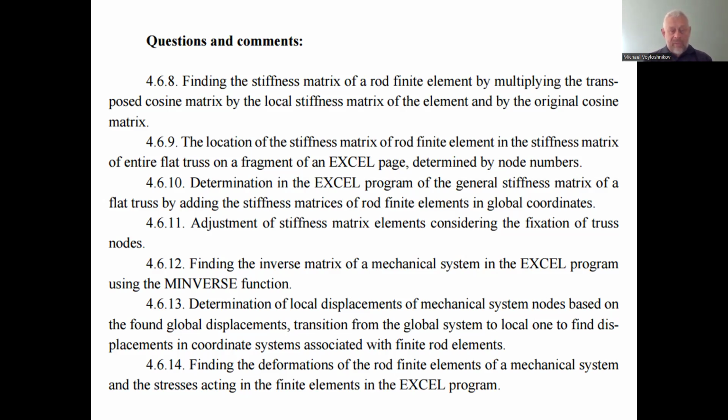4.6.9. The location of the stiffness matrix of a rod finite element and the stiffness matrix of the entire flat truss on a fragment of an Excel page, determined by node numbers.